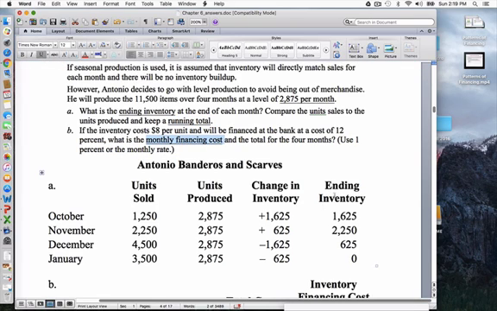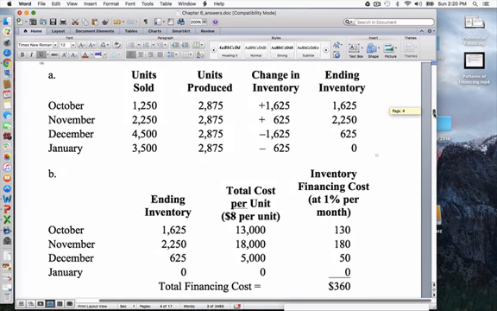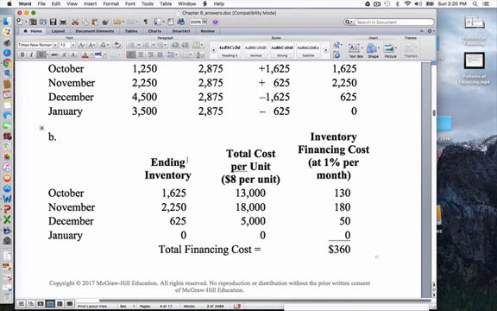Well, we are going to use this ending inventory because this is what we have to finance, and then we are going to multiply by $8 per unit cost of production, and to that amount we are going to apply 1% financing per month because this is per month here. Okay, so this is what we are going to do here. Ending inventory, this column over here, is in units, times $8 per unit.